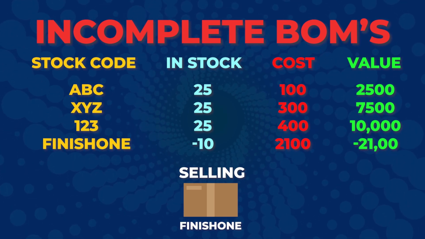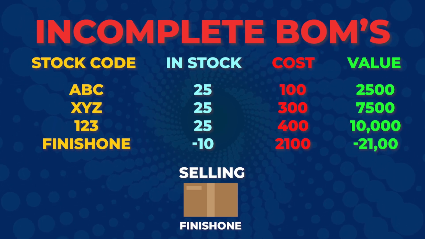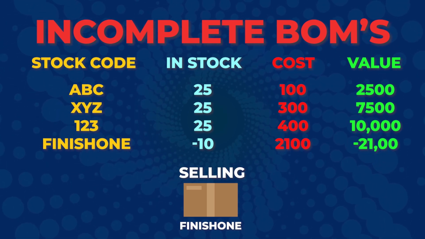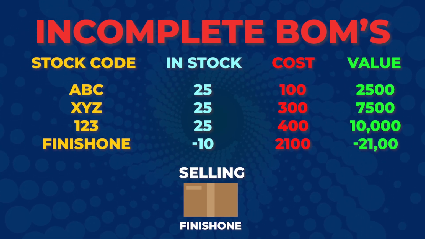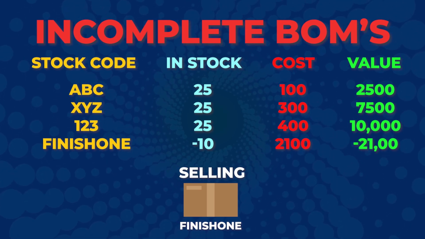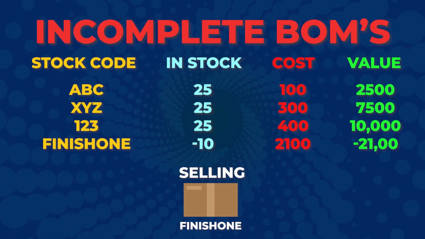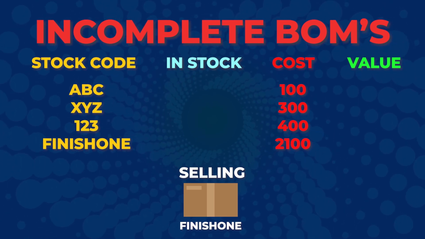Also, the ingredients that go into the manufacturing, instead of being massively understated, will be wildly overstated. The stock items of ABC, XYZ, and 123 will just have their purchases going through the system, but it won't actually have the stock being consumed in the manufacturing process.